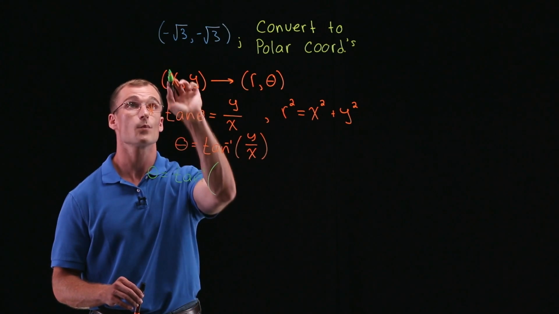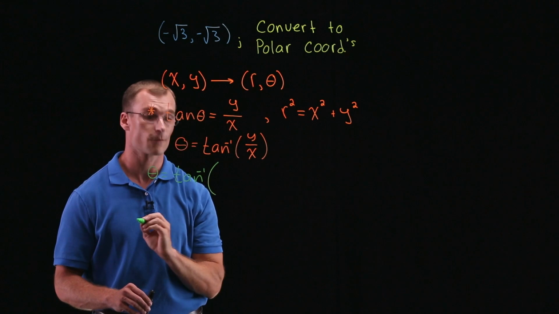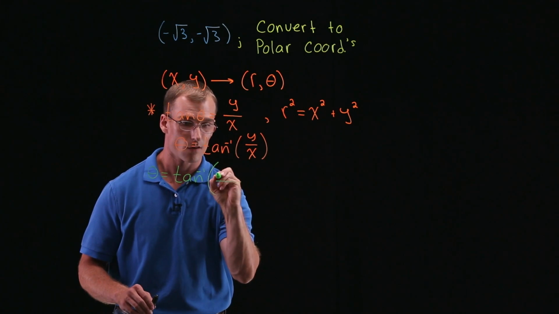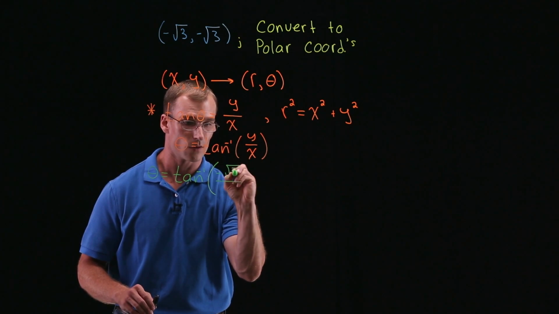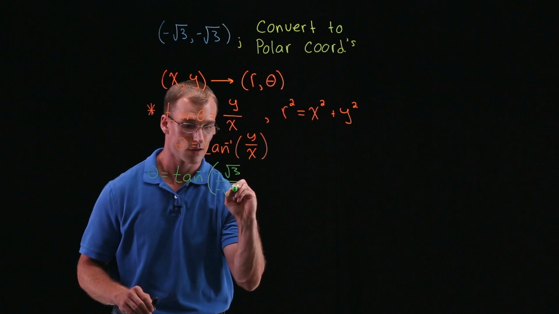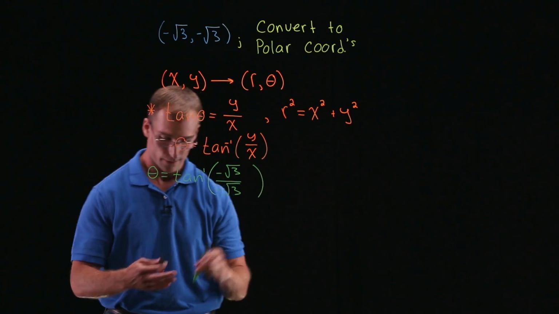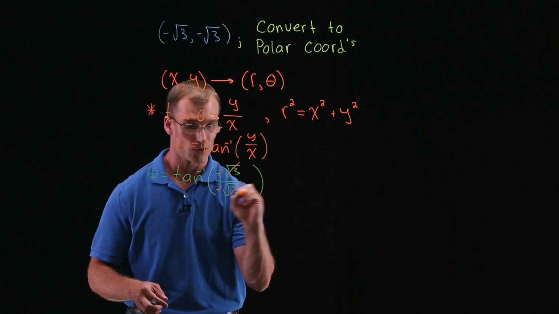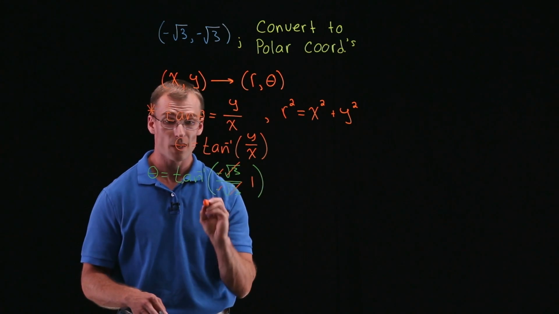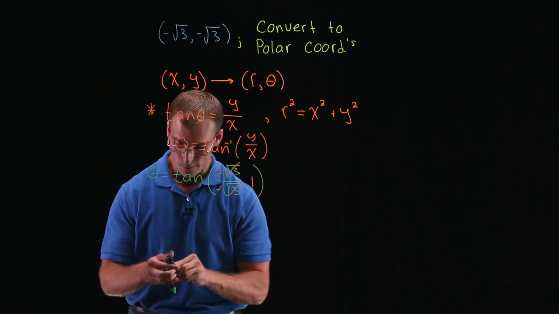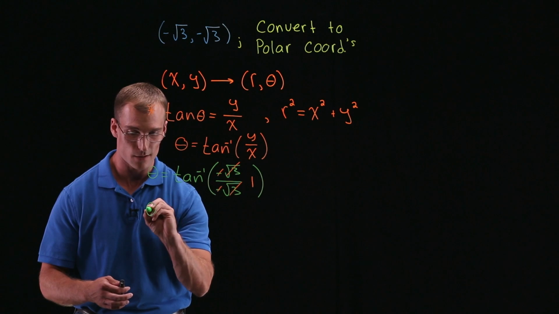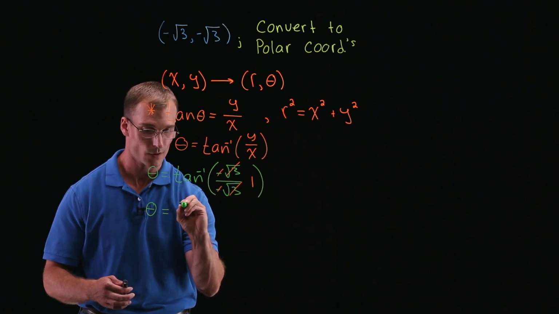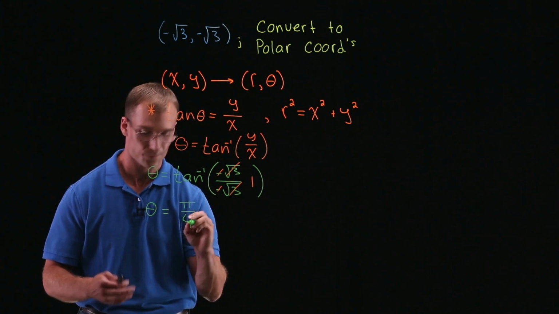Now that's the coordinates of our point, which we have as both negative root 3. So negative root 3 over negative root 3. Well, negative root 3 divided by negative root 3 just gives us a positive 1. And so tangent inverse of 1 tells us that theta is going to be equal to pi over 4.